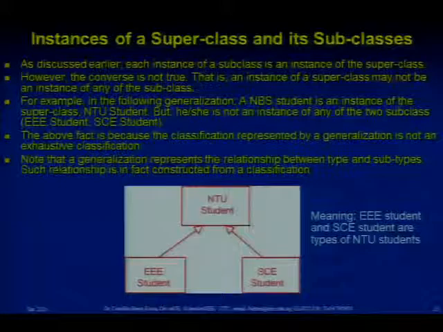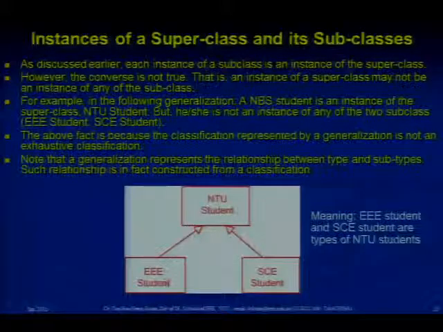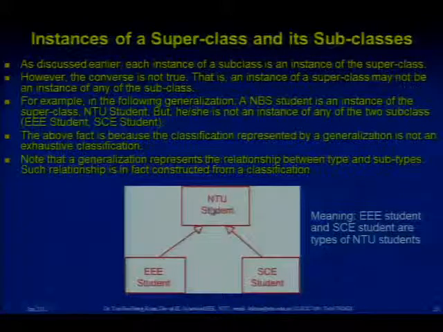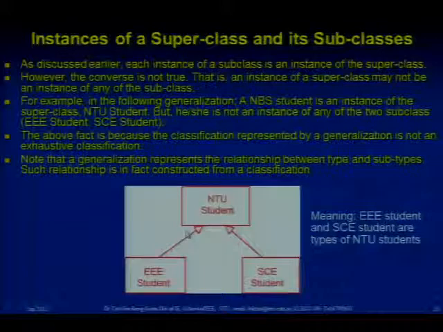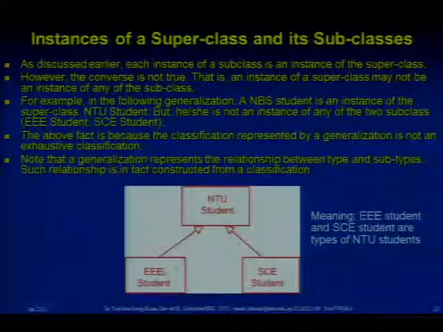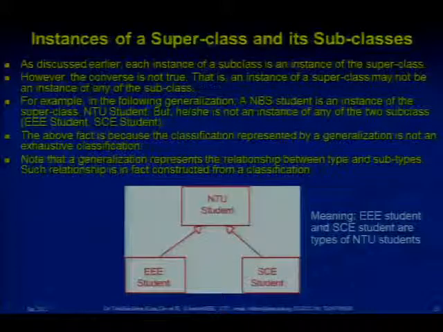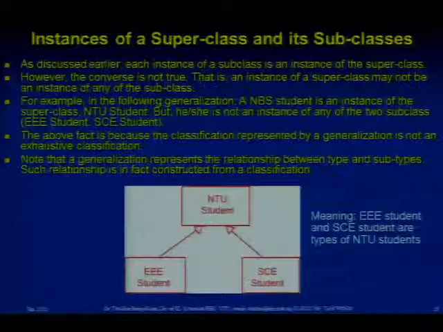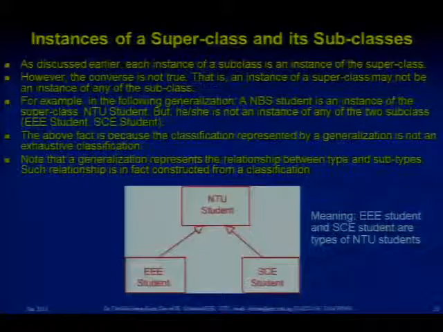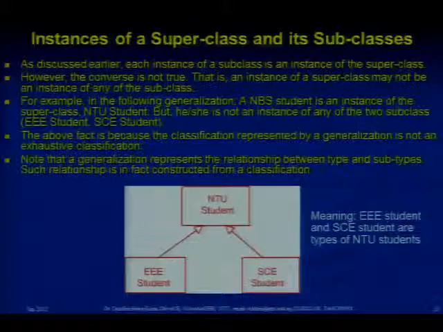If you follow the arrow, it's always true. Each instance of a subclass is definitely an instance of the superclass, but if you try to move the other way around, it may not be true in general. An NTU student may not be an EE student, may not be an SCE student. It could be an NBS, School of Business student also. This is another basic property of generalization I'd like to emphasize to you.